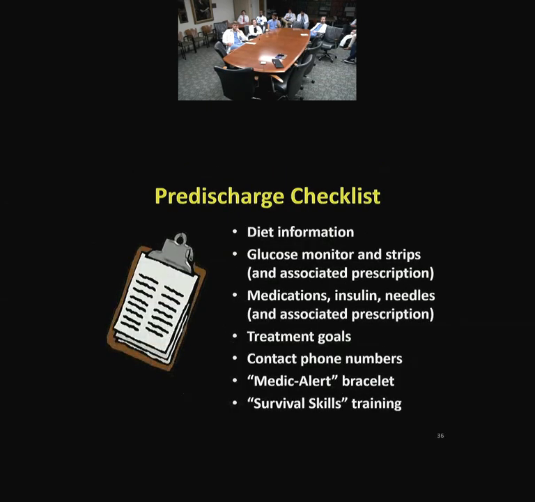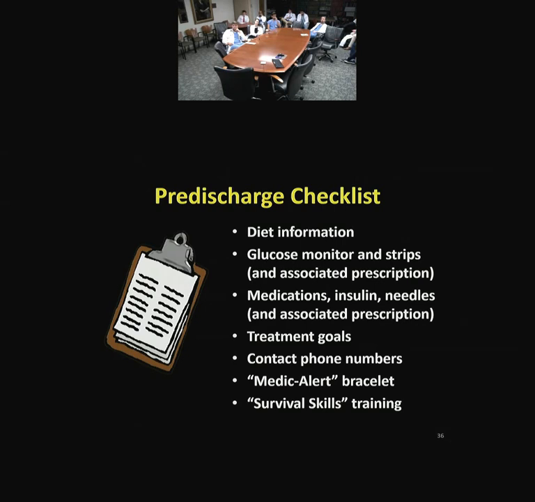So for pre-discharge, if the endocrine team is on board, we should do that, but just in case we don't get called, or you want to be an overachiever on your team, don't forget to give dietary information, a glucose monitor, and make sure patients are good with strips, medication, and needles.